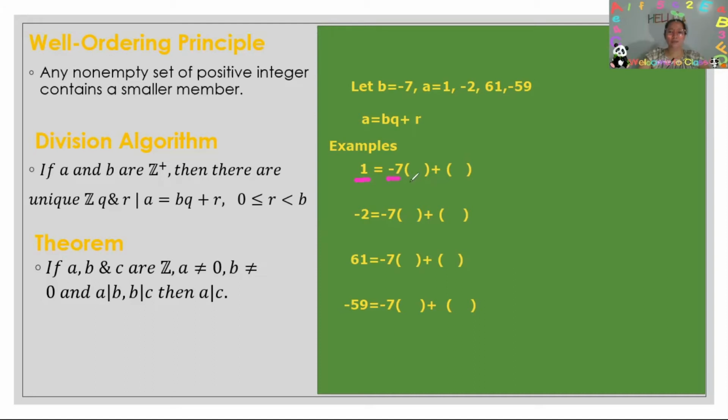Now we're looking for the quotient and the remainder. What would be the quotient so that we come up with the value of A that is equal to 1? That would be 0.